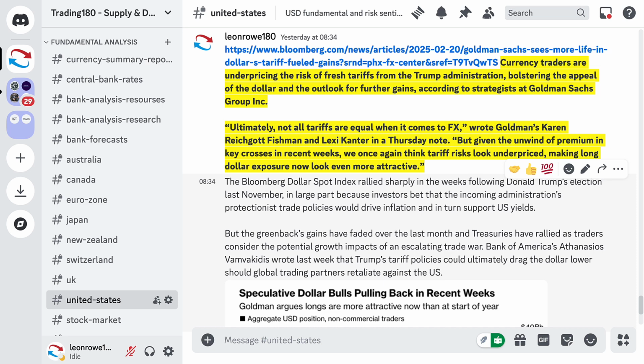Ultimately, not all tariffs are equal when it comes to FX, wrote Goldman's Karen Reichgott Fishman and Lexi Cantor in a Thursday note. But given the unwind of premium in key crosses in recent weeks, we once again think tariff risk looks underpriced, making long dollar exposure now look even more attractive.